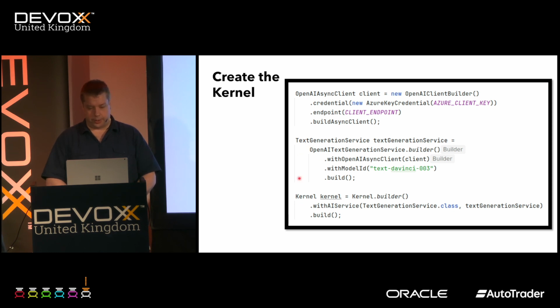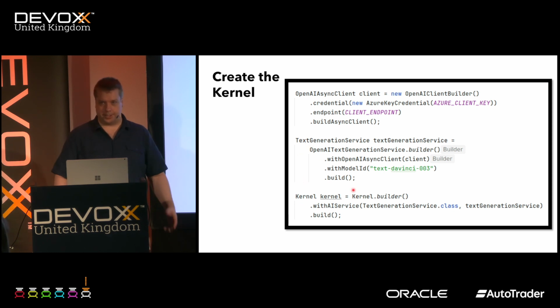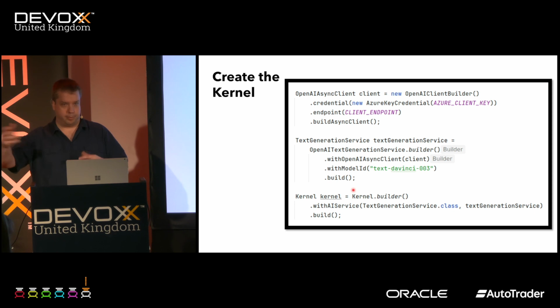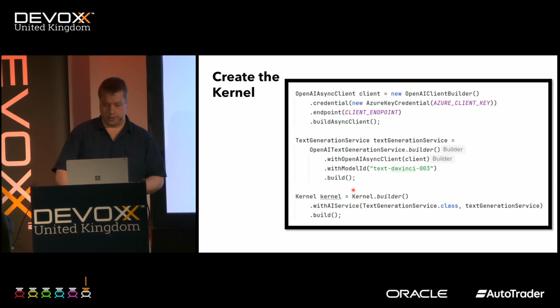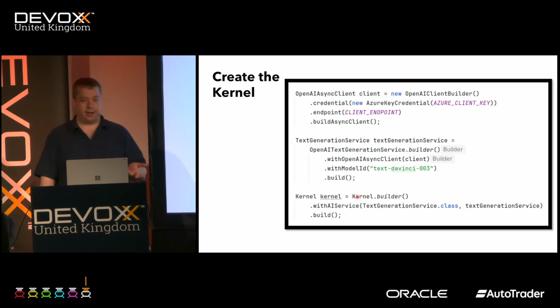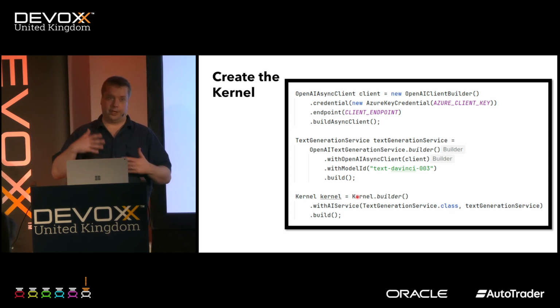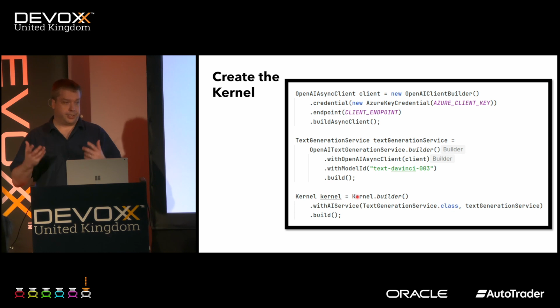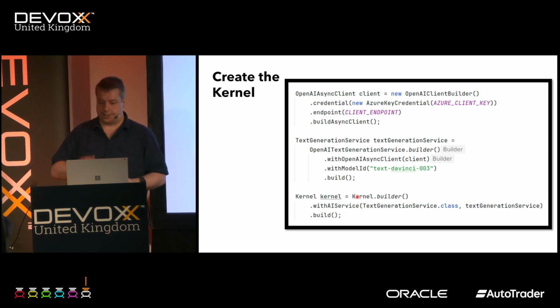We're then going to do text generation, which is just where it's completing a prompt with text, similar to the previous example where it was just generating textual responses. We then add a service into a kernel and build up our kernel. Once we have our service in a kernel, it can be utilized by any function that gets called on that kernel. If it's decided that it needs to do text generation, it'll find that service and use it.